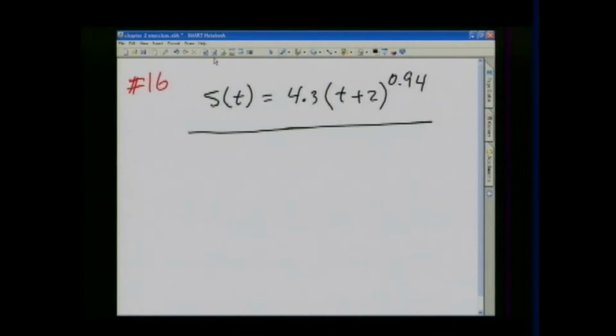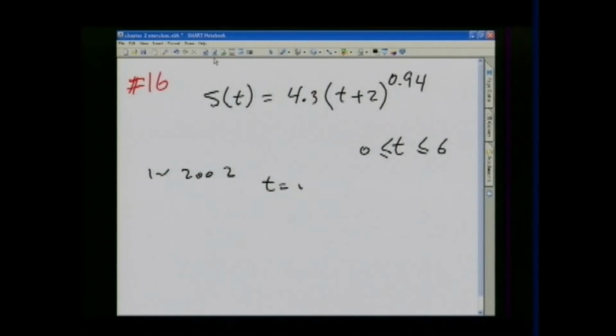S of 0 is defined for t between 0 and 6. At the beginning, in 2002, t is equal to 0.